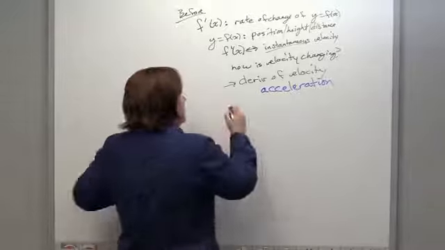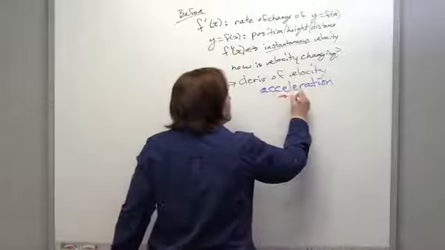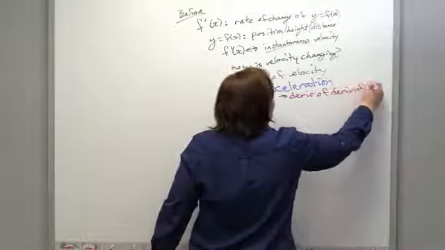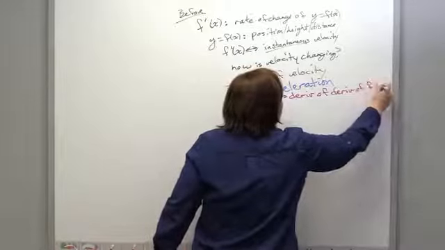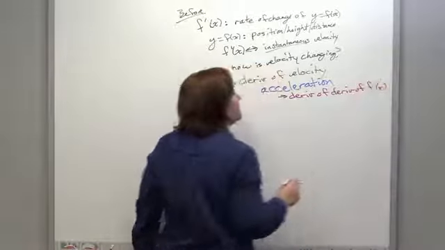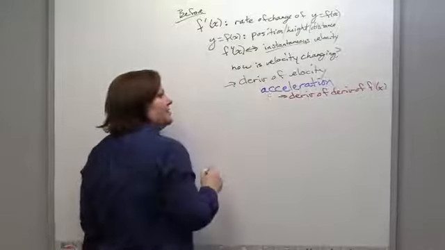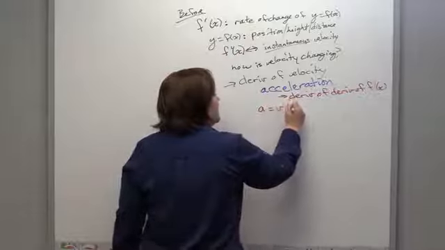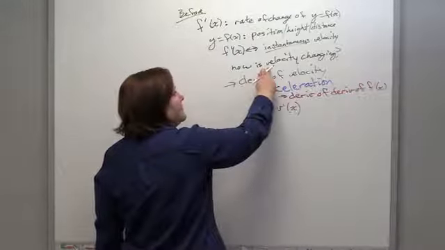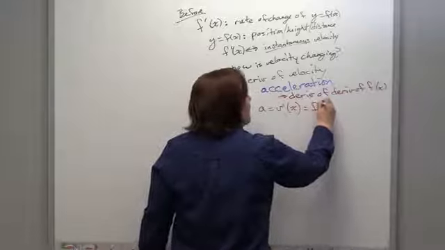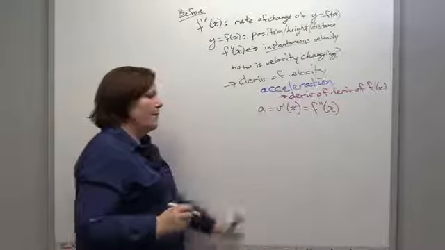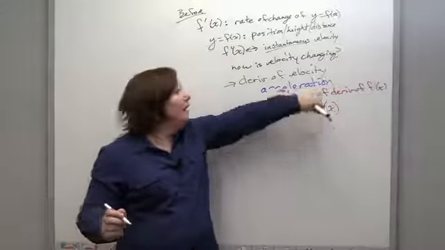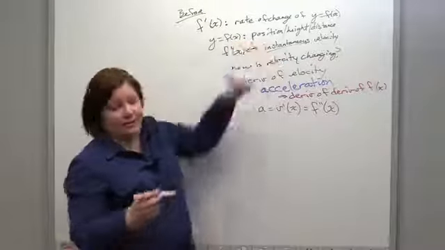So this acceleration is the derivative of the derivative of f of x. That's what acceleration is. So you can say that acceleration is the derivative of our velocity, or what we're going to learn right now is that this is the second derivative of our original position function.